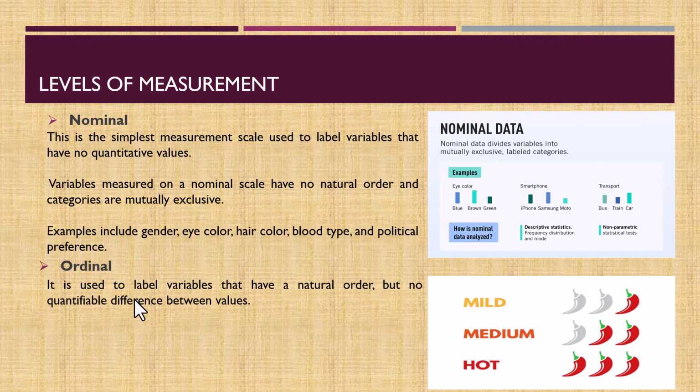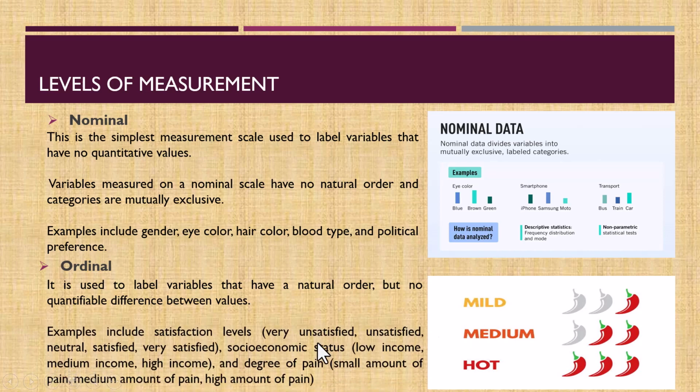You cannot start with maybe hot, and then in the middle you have mild, and then the last one medium. So these things follow a specific order, but no quantifiable difference between the values. So if I have maybe 1 for mild and 2 for medium, if you make a difference between the two values, like 2 minus 1, you cannot make a quantifiable difference between the values.